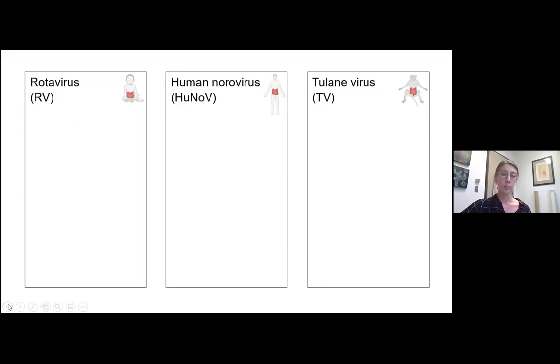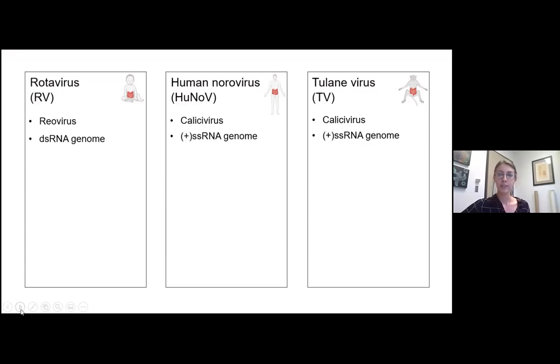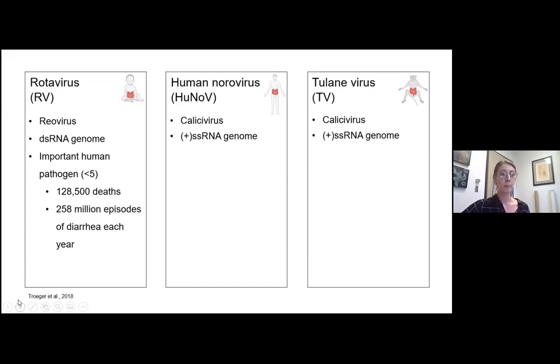So just as a point of comparison for those who may not be familiar, rotavirus is in the family Reoviridae, while human norovirus and Tulane virus are both in the family Caliciviridae. Rotavirus has a double-stranded RNA genome, while human norovirus and Tulane virus are positive sense single-stranded RNA viruses.